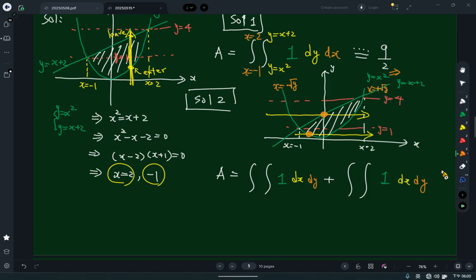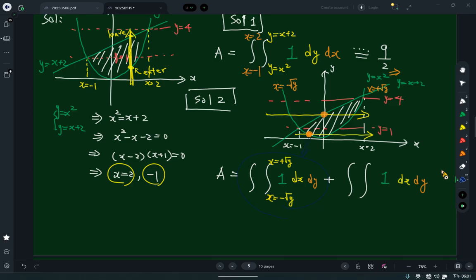So this will be the enter point from s is equal to negative square root of y to s is equal to positive square root of y. So right now, I just focus on this part.